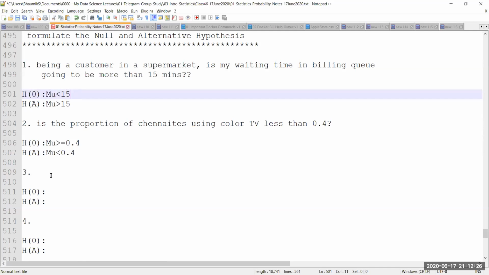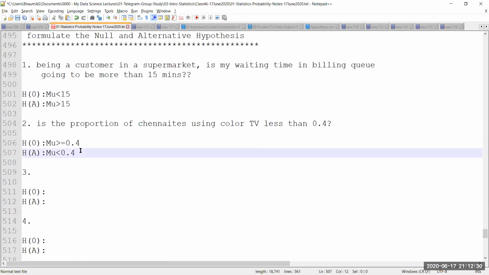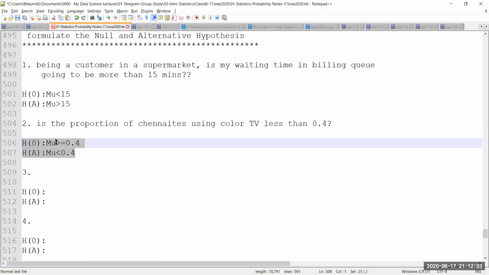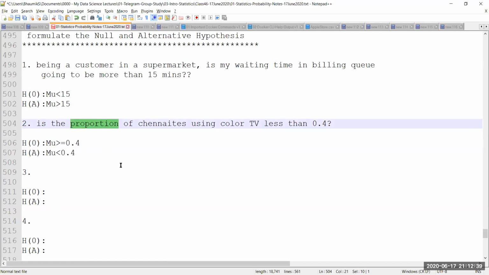Maybe we won't have time for points number 3 and 4, but let's quickly try to understand this part, because this terminology is now going to change a little bit for this kind of question, because there is a proportion involved. Your attempt was right, but this will not be the null hypothesis in this case. It should unfortunately be the opposite side. So mu less than 0.4 is what I'm expecting.